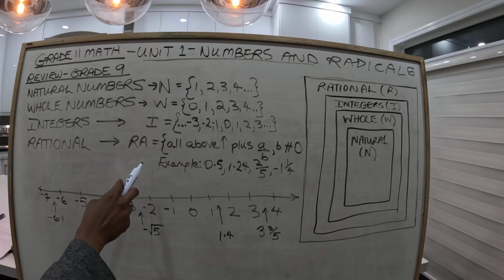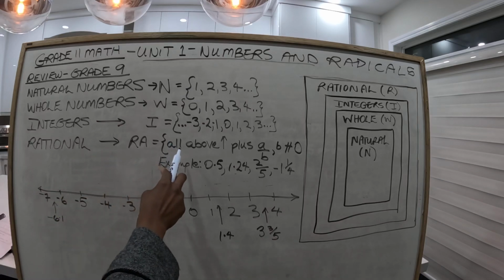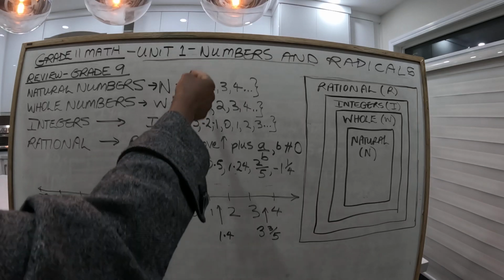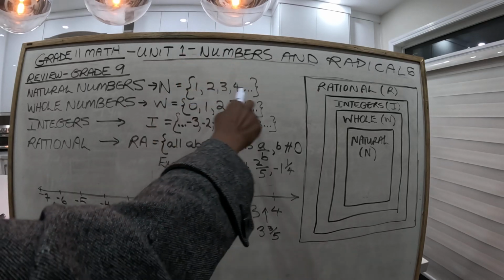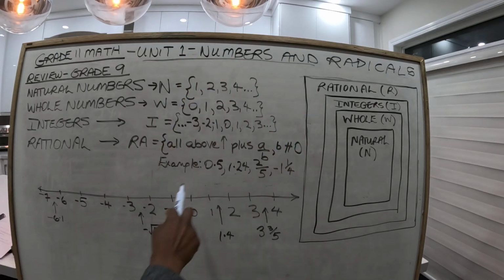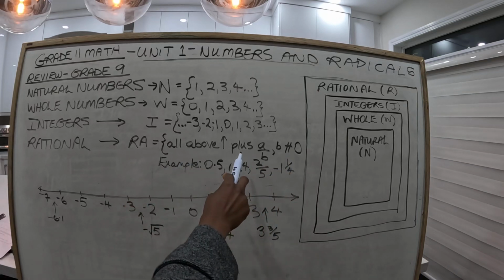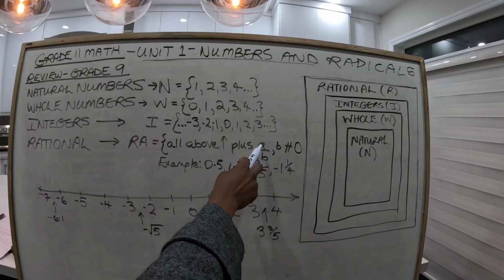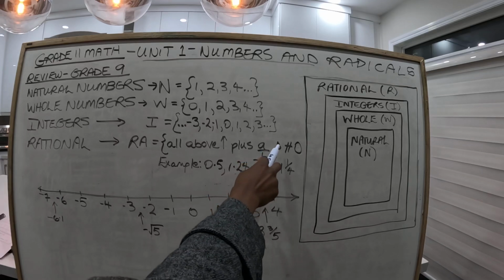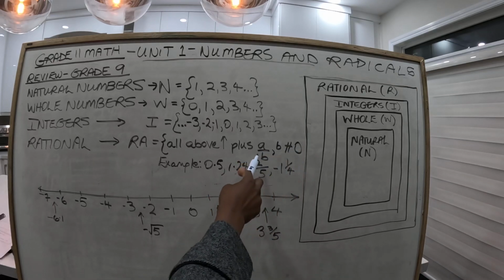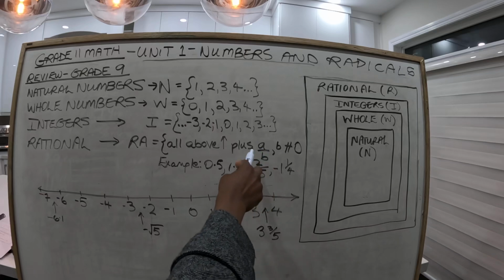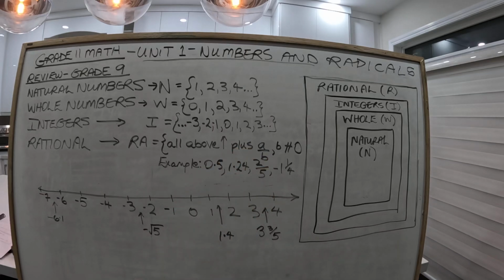And rational numbers, we are able to define that they are all of these numbers. So whether it's 1, 2, 3, 0, negative, all of those are rational numbers, plus any fraction a over b where b is not equal to 0. So you know that if b is equal to 0, then this number is not identifiable.